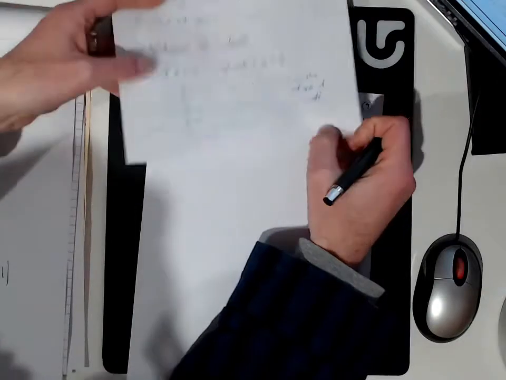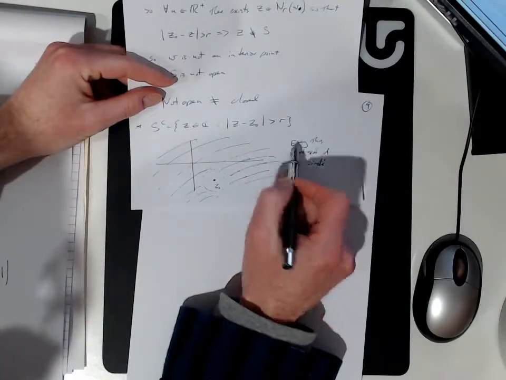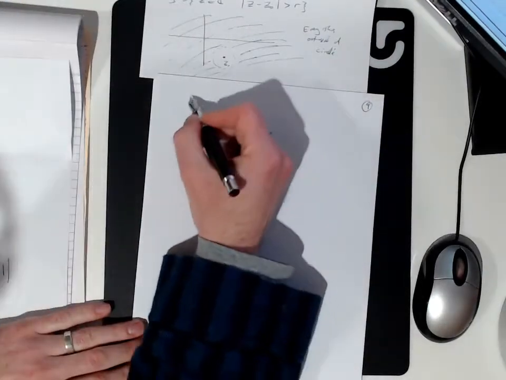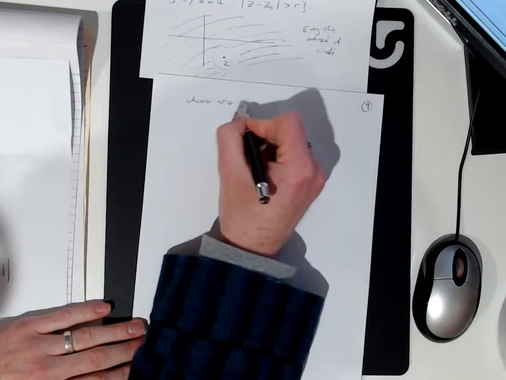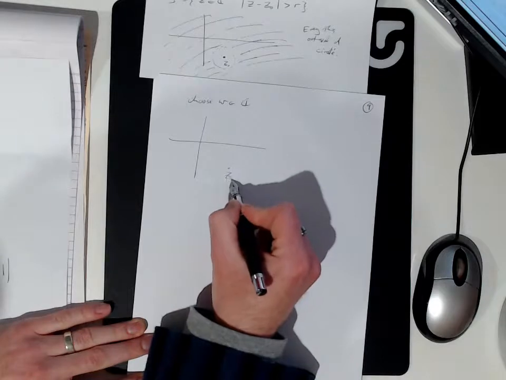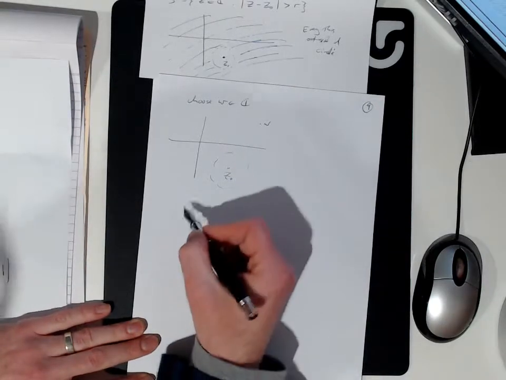Right, so everything outside of the circle. Choose w an element of the complement. So z0, and there's my circle, here's w.